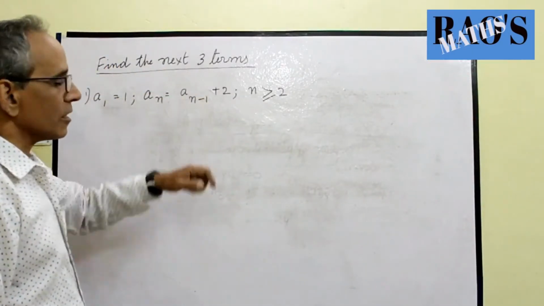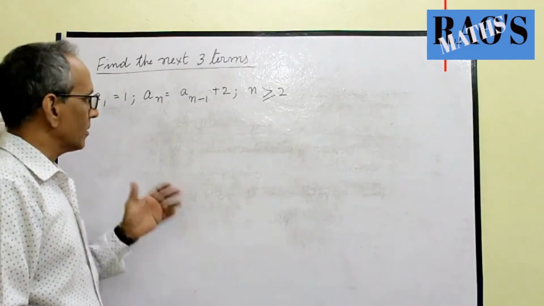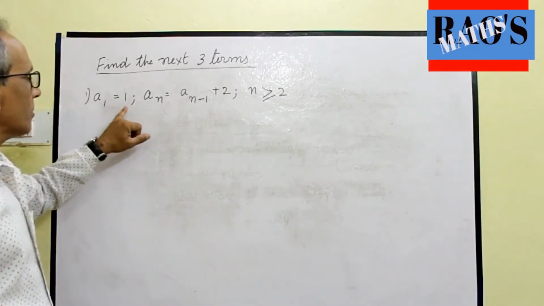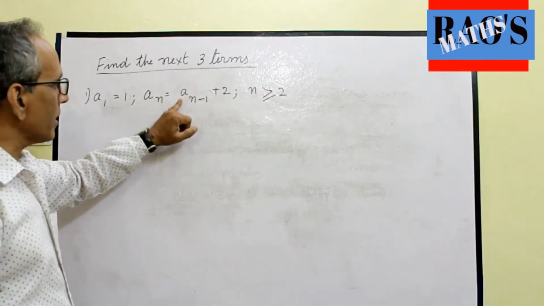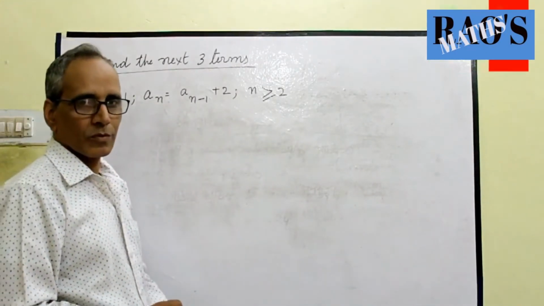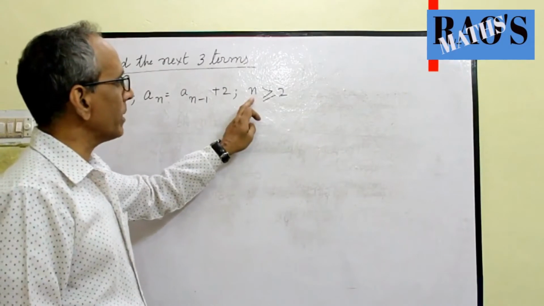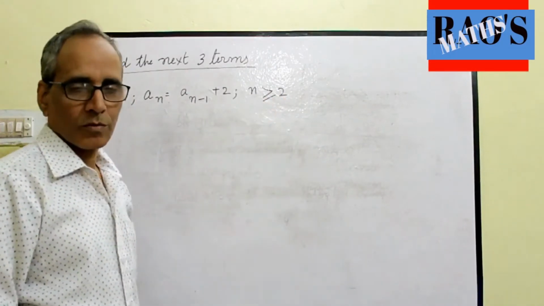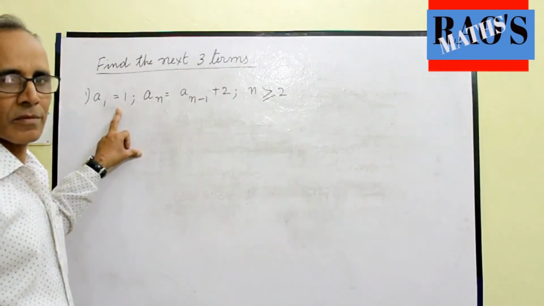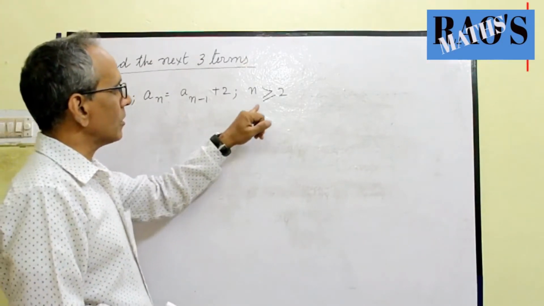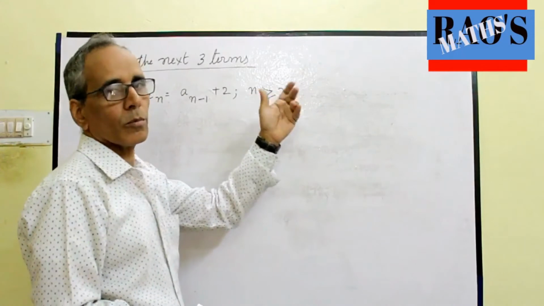We want the next three terms. See the question. We have the first term, that is 1, and the nth term is always a(n minus 1) plus 2, and the condition is n should be greater than or equal to 2. That means we should not take 1 because it is already mentioned here as a1. So you start taking the values for n from 2 or more than 2.